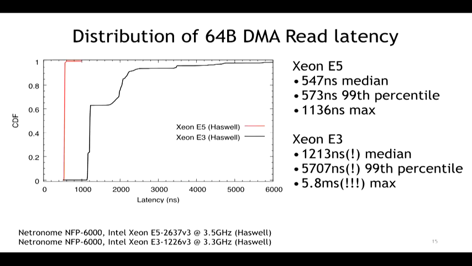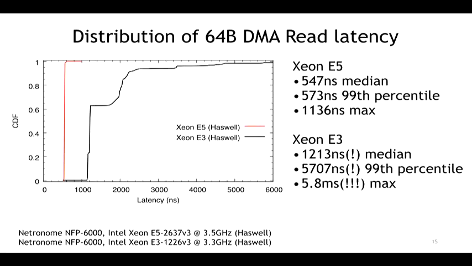But actually it gets a lot worse. These are just baseline numbers. So what we have done, we've measured the distribution of 64-byte DMA read latencies on two different systems. This is a CDF of the two systems. On the x-axis you see the latency, on the y-axis is the distribution.